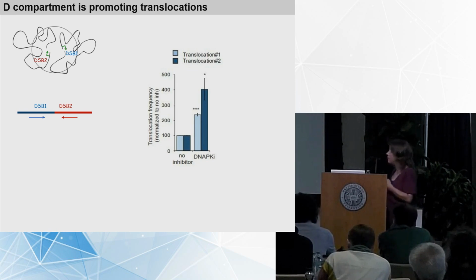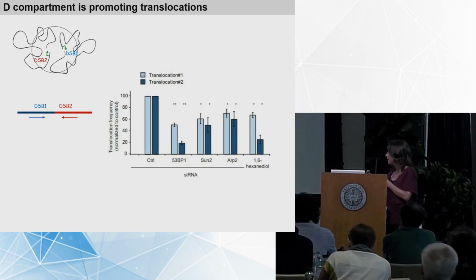We have an assay to measure the frequency of illegitimate rejoining between two individual DSBs. And we could see that, as I told you, when we treat with DNA-PK inhibition, we increase the clustering, and we also increase the translocation frequencies.